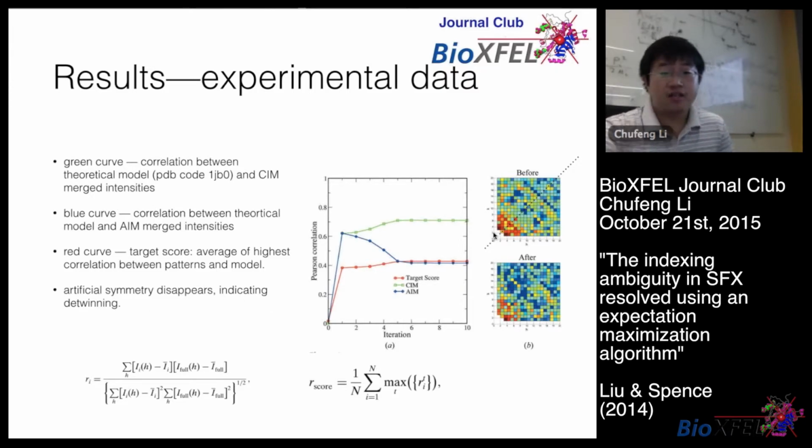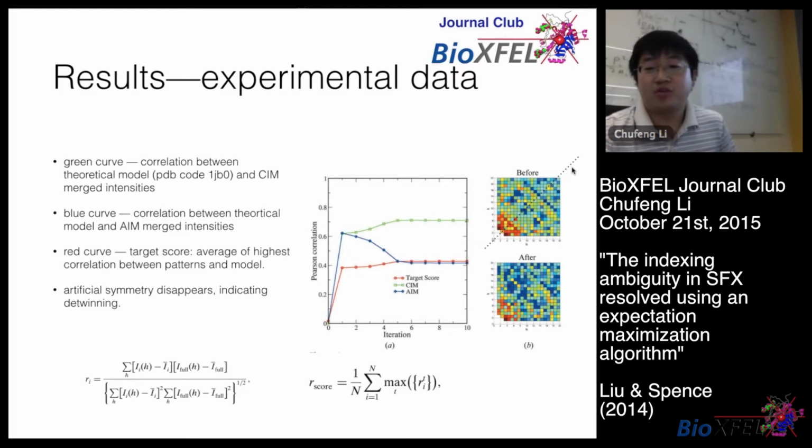So you can see that after several iterations, like after 10 iterations, the artificial symmetry showing the pattern disappears. This is the mirror I drew, because as we mentioned, the indexing ambiguity is about HKL and KH minus L. So this pattern is cutting through the L equals 0 plane.